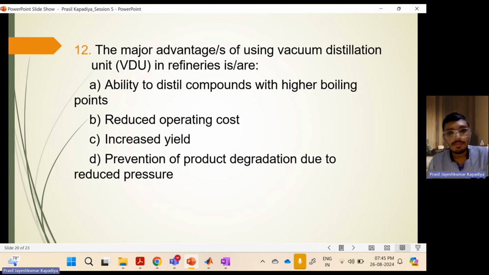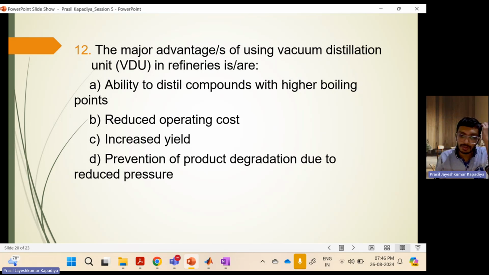Question 12, the major advantages of using vacuum distillation unit VDU in refineries is or are. Okay, vacuum distillation unit is generally used when our boiling point is extremely high.